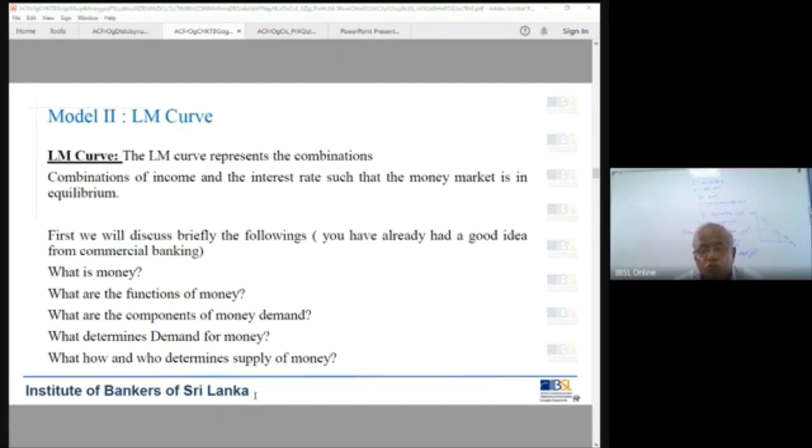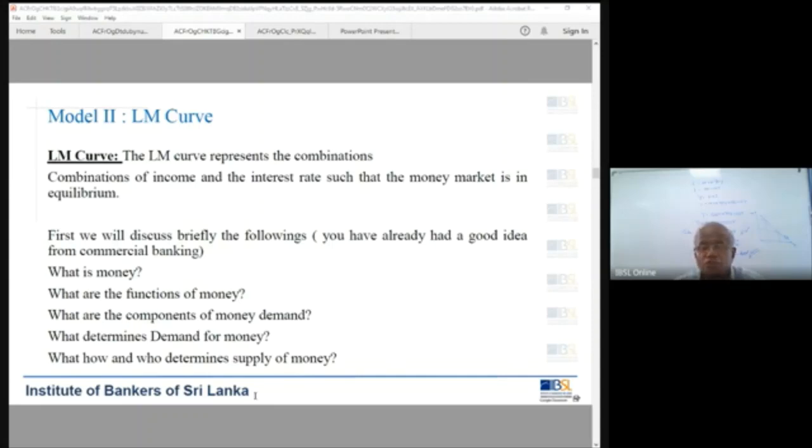Money acts as a store of value, your wealth. You can store 1 million, 100 million, 200 million. You go to the bank and open the FD for 100 million. That is your asset. Store of value. Then unit of account.